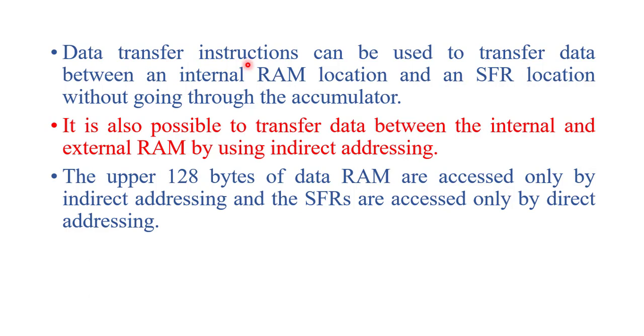In case of data transfer instruction, we can transfer data between an internal RAM location and a special function register location without going through the accumulator. As we know, in the 8051 microcontroller we have 256 bytes of data memory, called RAM, and this 256 bytes of RAM is divided into two parts: 128 bytes of internal RAM, also called general purpose RAM, and another 128 bytes allotted for the special function register area.